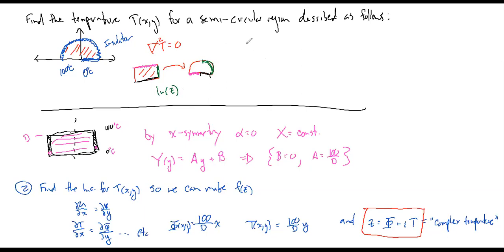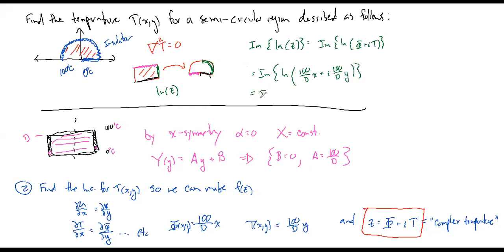So that means that the solution to this is we want the imaginary part. We put the imaginary part in, we get the imaginary part out. So we get the imaginary part of ln z, which is the imaginary part of ln of phi plus i psi, which is the imaginary part of the natural log of 100 over d times x plus i 100 over d times y.